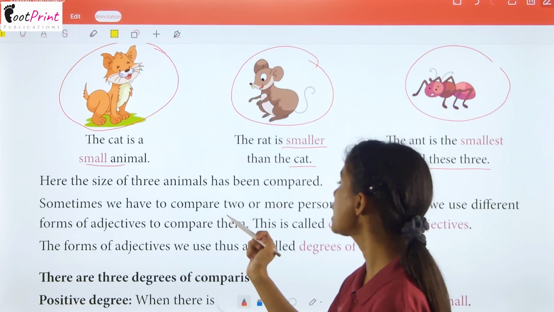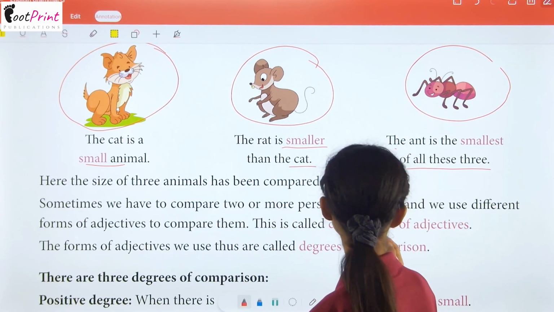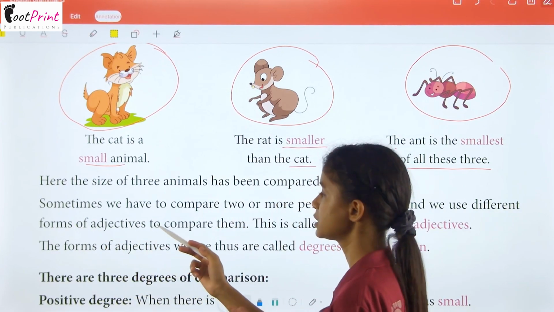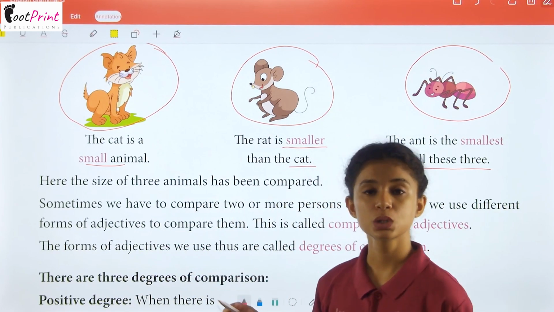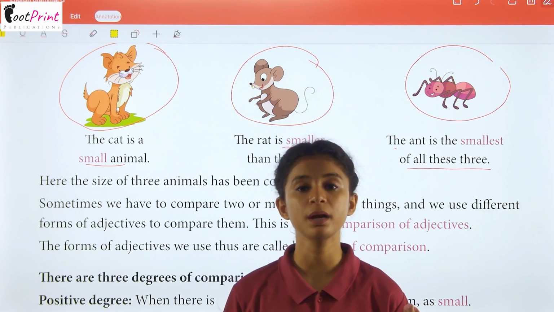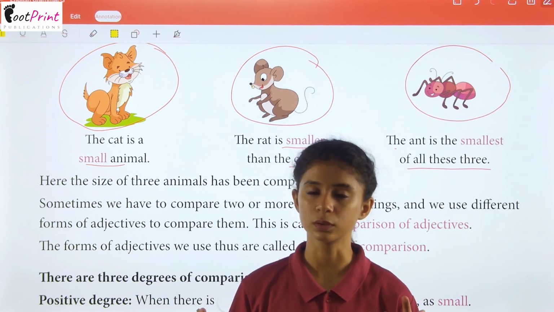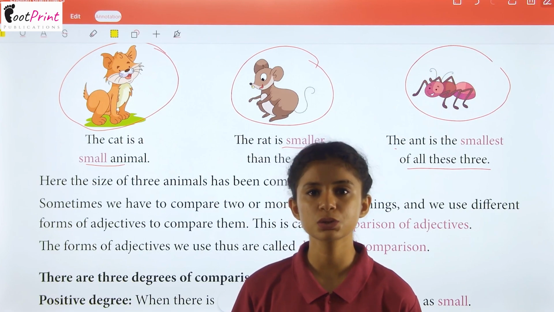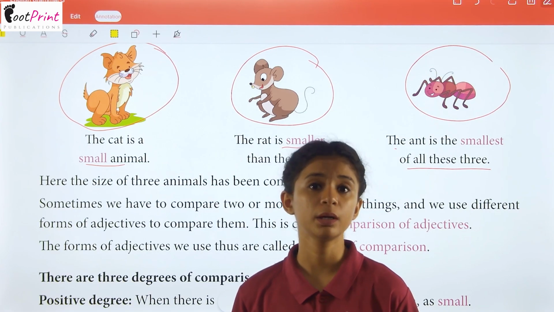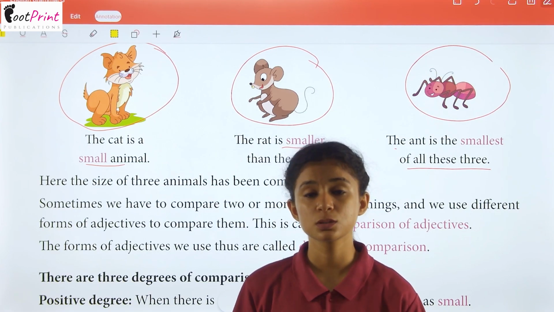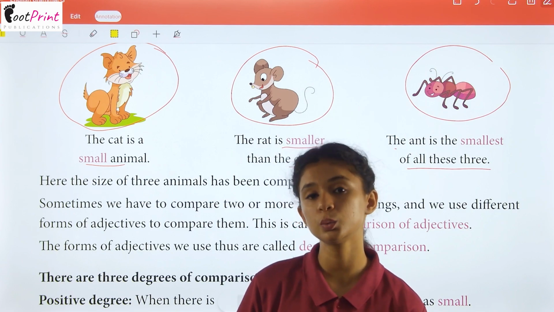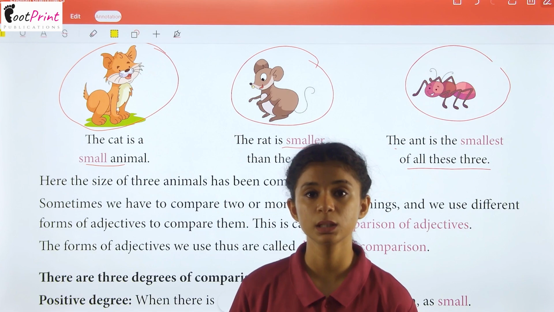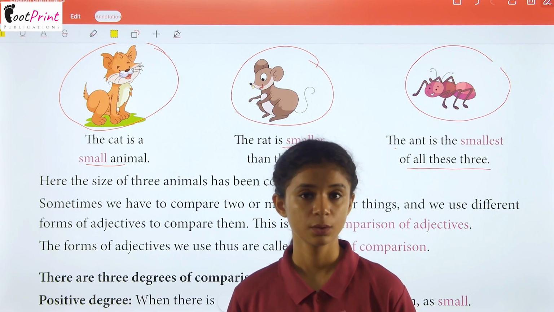Sometimes we have to compare two or more persons or things, and we use different forms of adjectives to compare them. For example, in your class, the teachers or you may compare yourselves on the basis of your height, who is taller, who is shorter, or who is more intelligent and who is less intelligent, right?